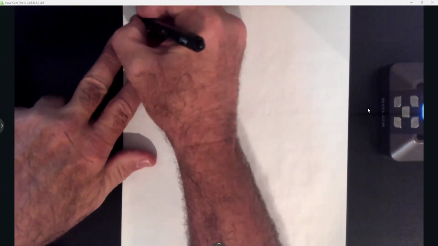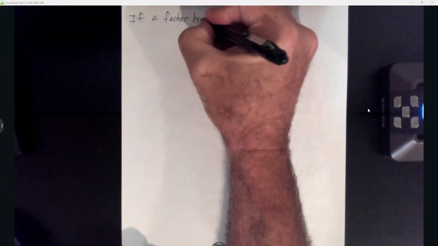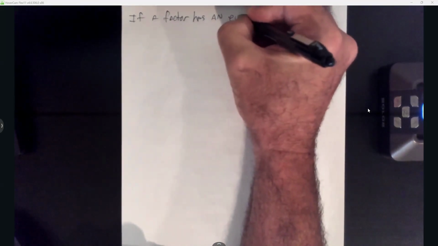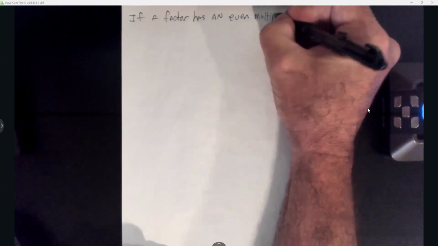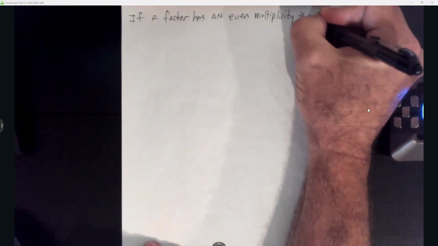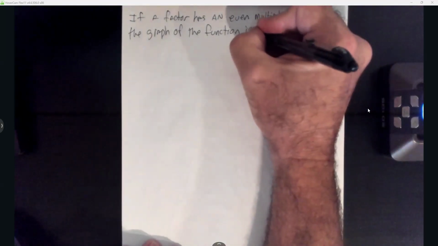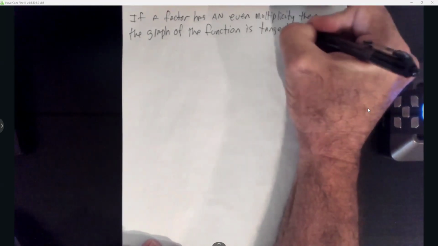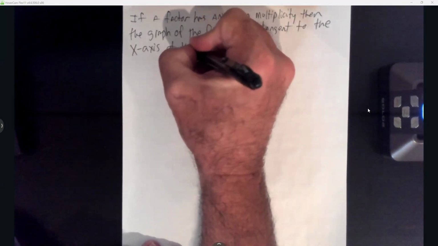If a factor has an even degree, or even multiplicity, we'll say, if a factor has an even multiplicity, then the graph of the function is tangent to the x-axis at that zero.